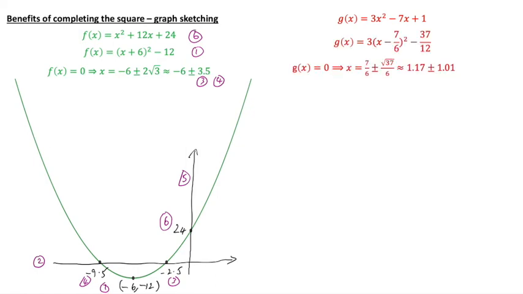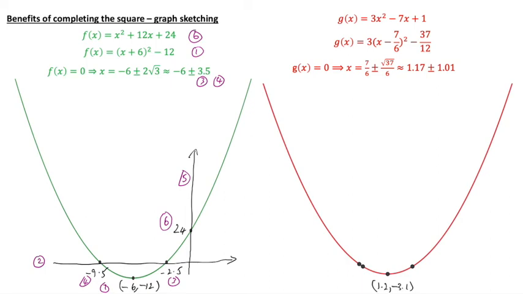For the other one, we can just go through that same process. So first of all, we recognize that to minimize this g of x, we'd have to put x is 7 over 6 in to make that square 0. So that gives us our minimum point there. So 7 over 6 is about 1.2, and minus 37 over 12 is about minus 3.1.